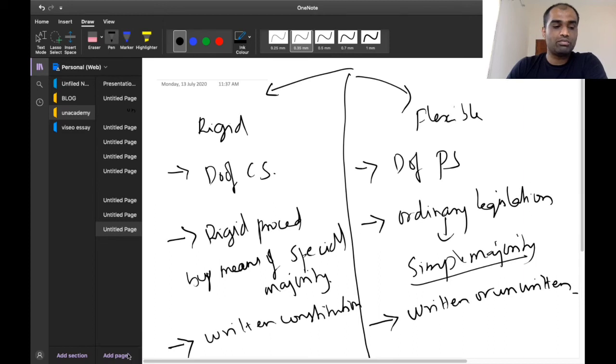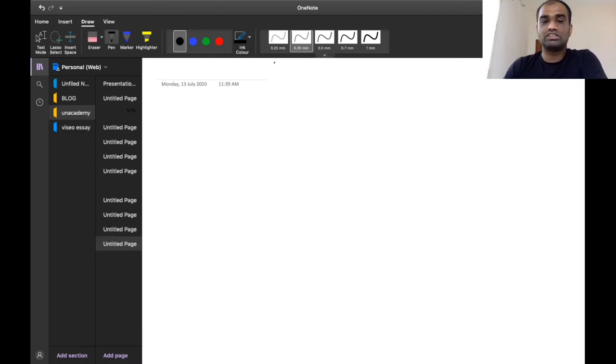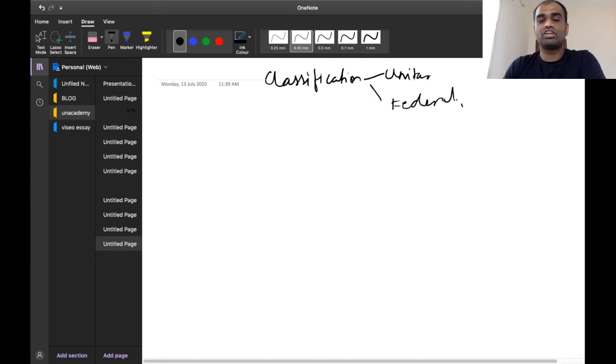Now there is another classification called unitary constitution as well as federal constitution. Before going into the topic, first you have to understand what a federal constitution is. Without understanding what a federal constitution is, you can't understand the differences between unitary as well as federal constitution.